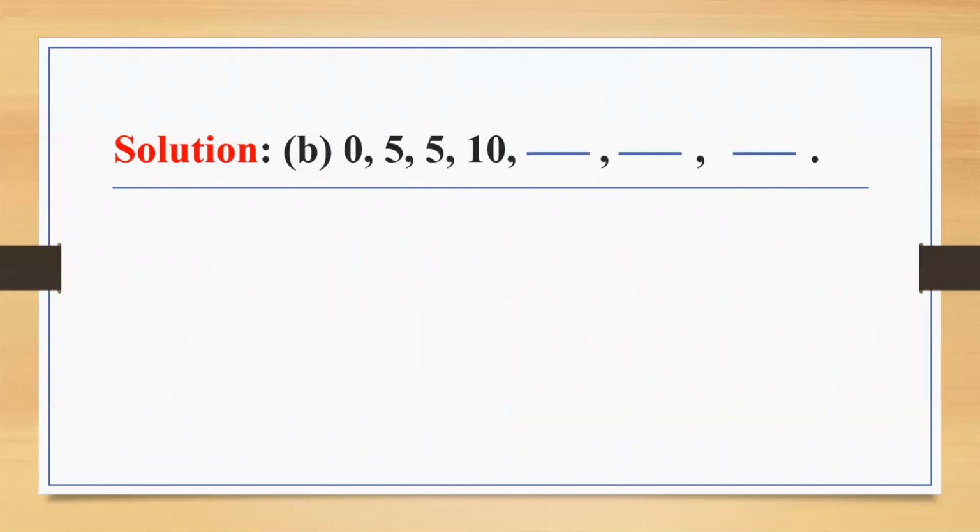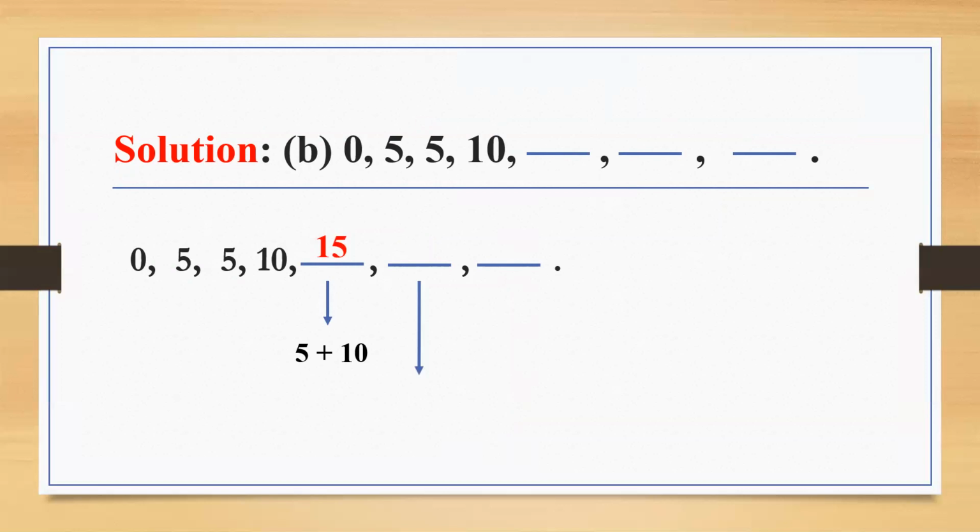Part B, we have 0, 5, 5, 10. So here to get the next term, it will be 5 plus 10, which is 15. The next one will be 10 plus 15, which is 25. And here we will have 15 plus 25, which is 40.